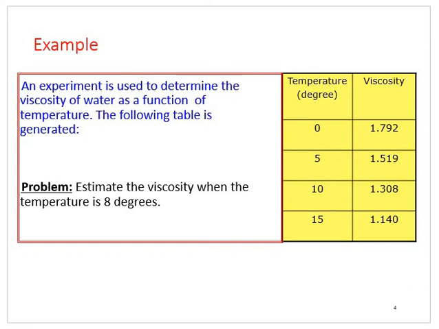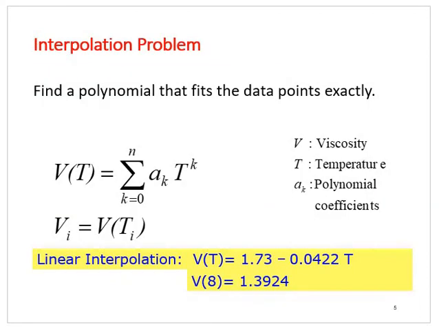Suppose you have got an experiment of viscosity of water as a function of temperature. You have got that table and you want to estimate the viscosity when the temperature is 8 degrees. From our table, we don't have an 8 there, but it's in between 5 and 10. So to do that, we will use a polynomial to fit the data set. Remember the curve fitting that we did in part one.